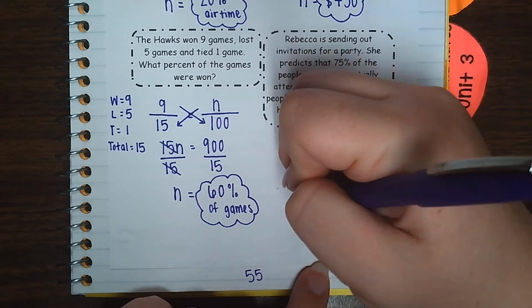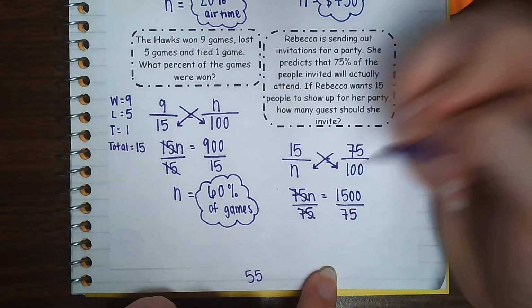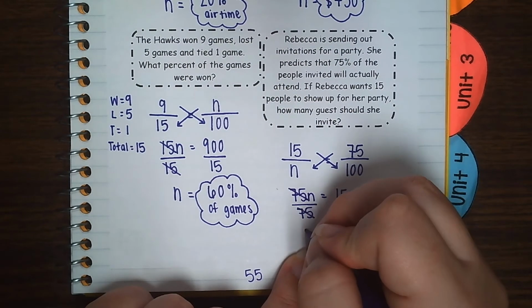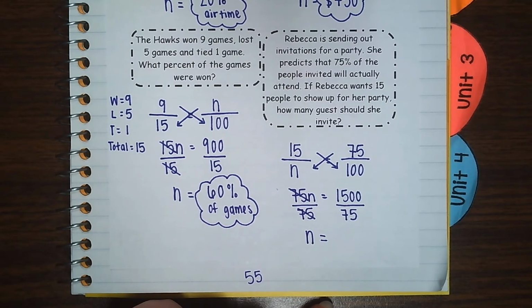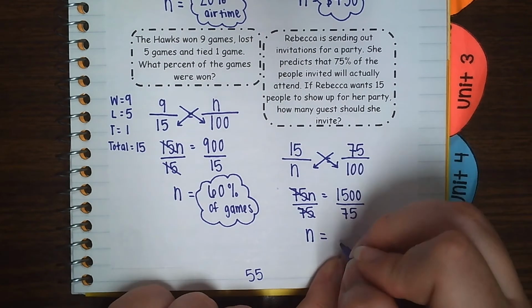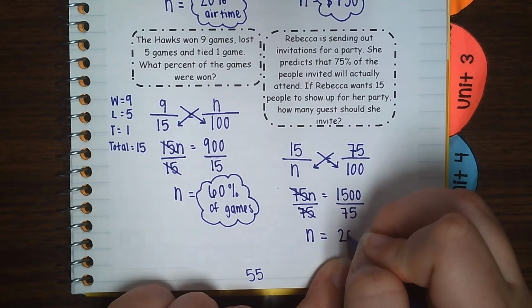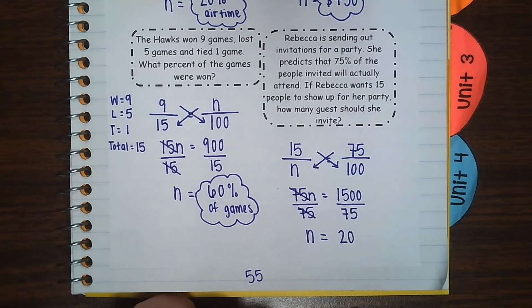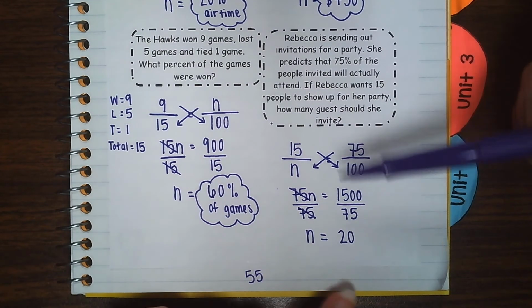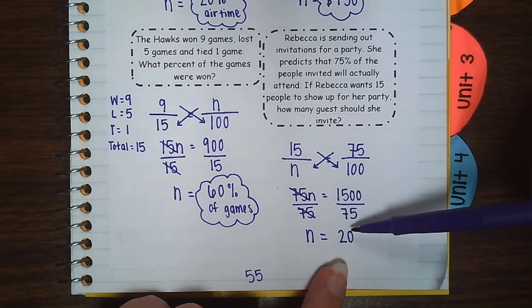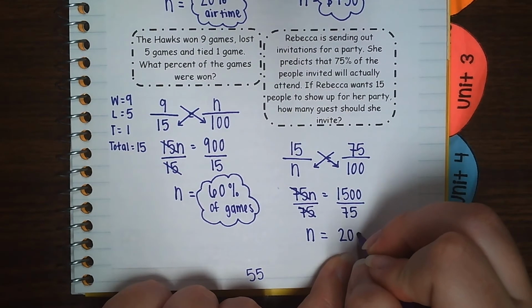Our 75s eliminate. And that gives us N equals 1,500 divided by 75 is 20. So if she wants 15 guests to actually come, she needs to invite 20 guests.